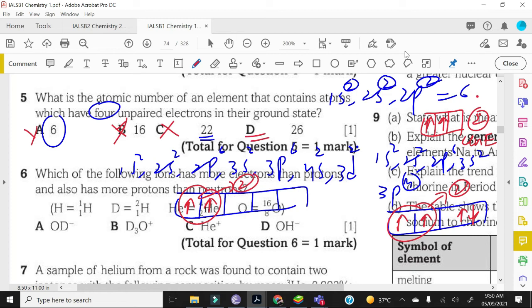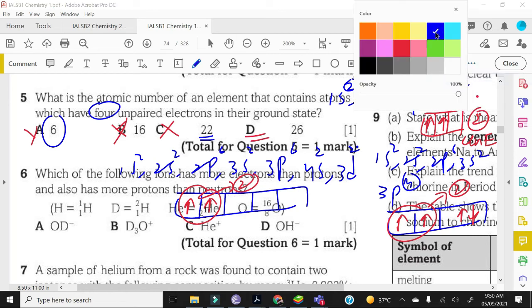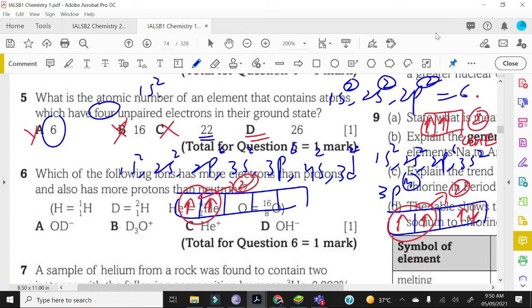Let's talk about D. Configuration first of all, that is very important. I am doing it right now for D. 1s2, 2s2, 2p6, 3s2, 3p6, 4s2, and now I'm left with 3d.